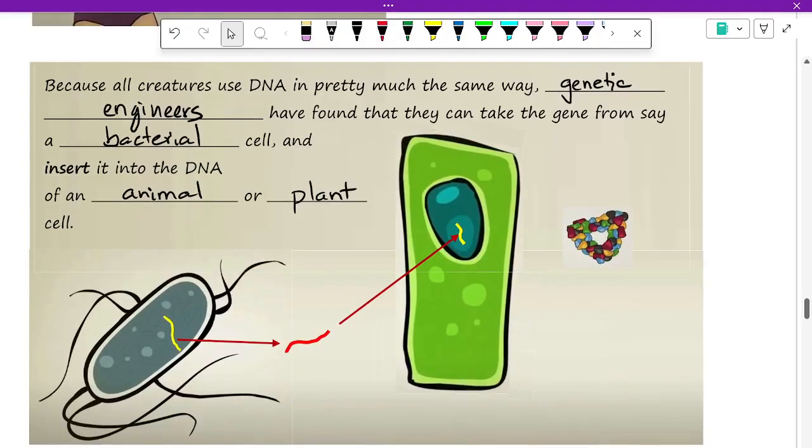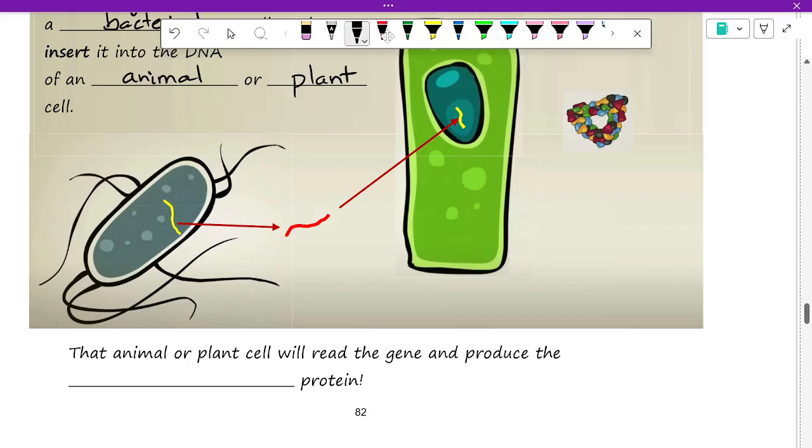That animal or plant cell will read the gene and produce the bacterial protein.